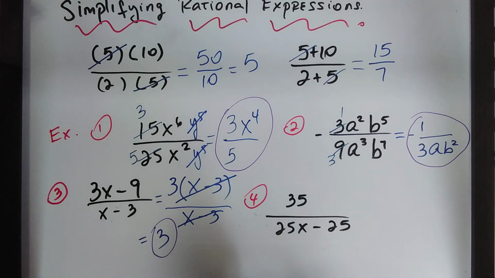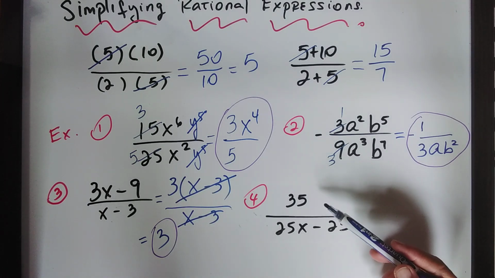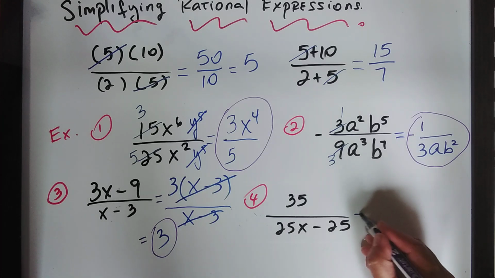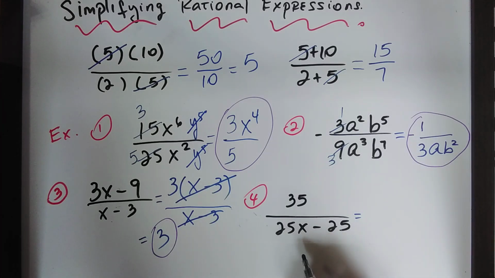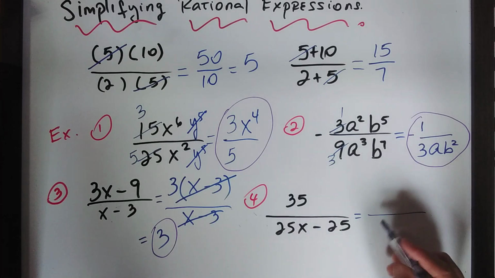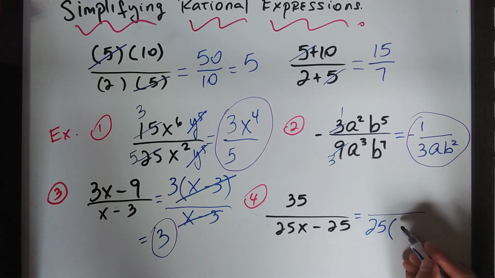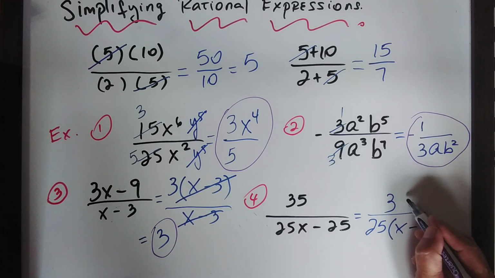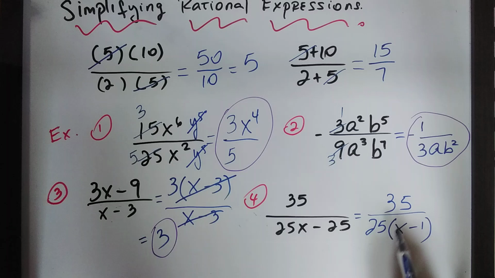And then what about the next one? Okay, so again, let's look at the denominator. And notice that 25 goes into both. 25 is my GCF, times x minus 1. Now I can simplify these because now this is a factor.